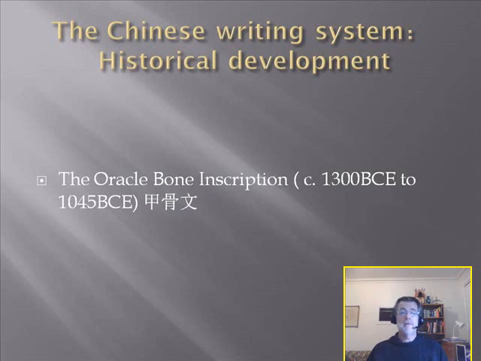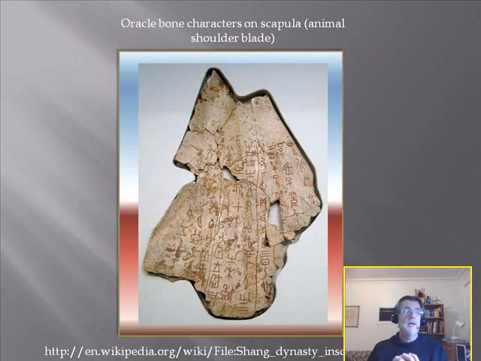So we'll show you a picture of the jiaguwen, and the jiaguwen were actually carved on tortoise shells and on the bones of animals. In the picture there you'll see the shoulder blade, which we've called a scapula, but that's just a shoulder blade of an animal, and you can see the characters that have been carved onto that bone.